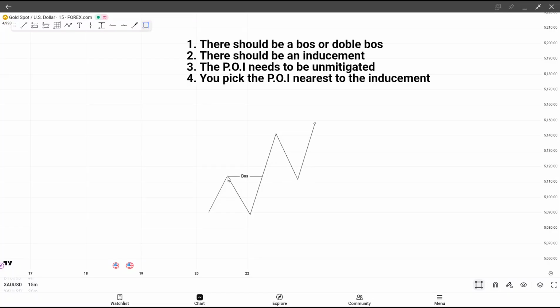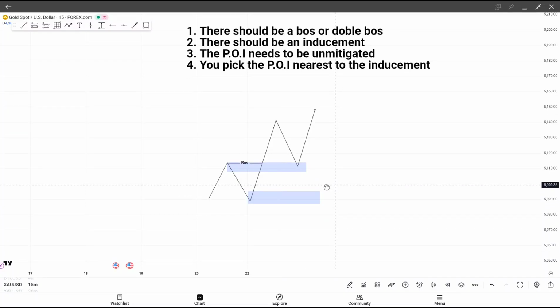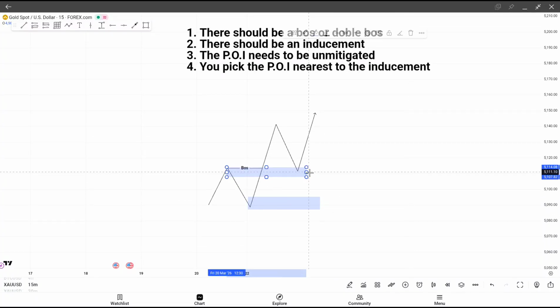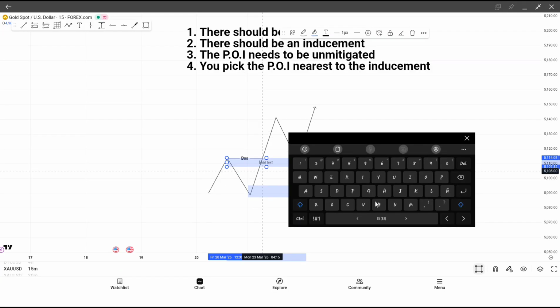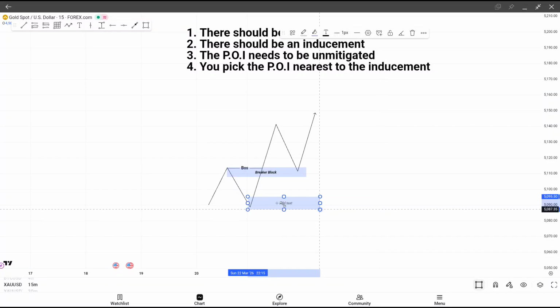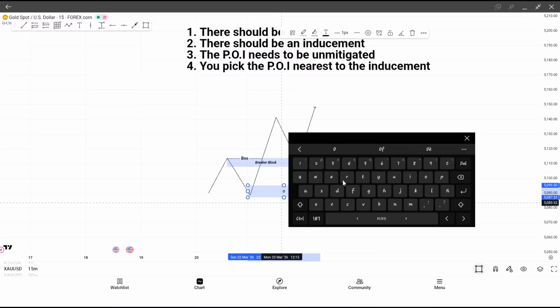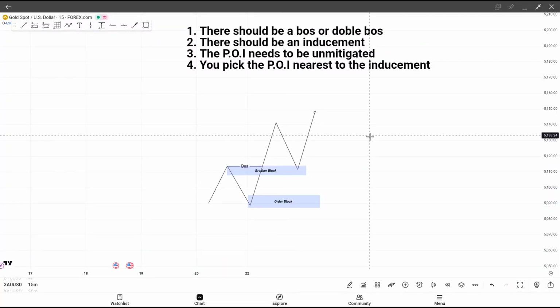You have 2 types of POIs. The first one is the breaker block, that is here. The second one is the order block, that is here. Okay, this is how you locate them in the market. The breaker block is at the top when you're talking about a bullish market. The breaker block and the order block come in the extreme zone of the structure.